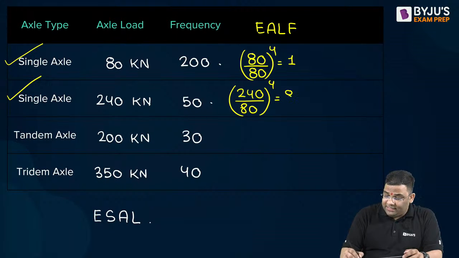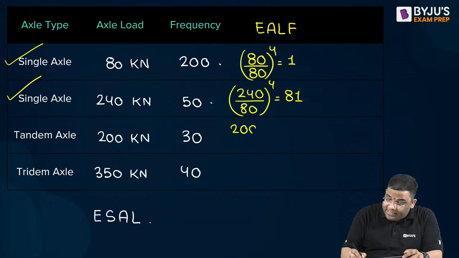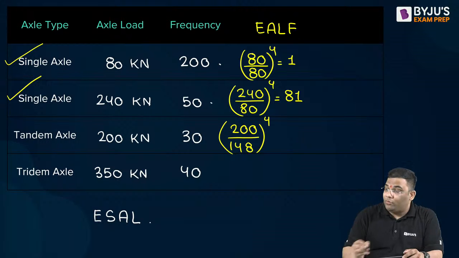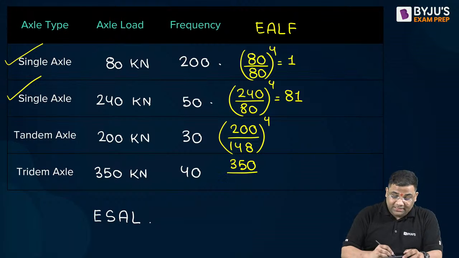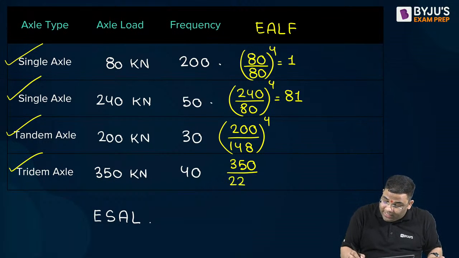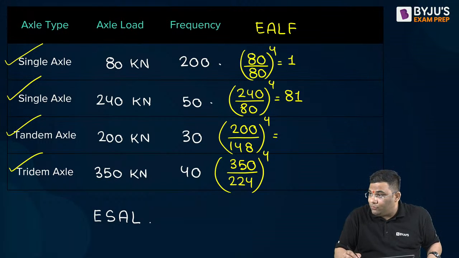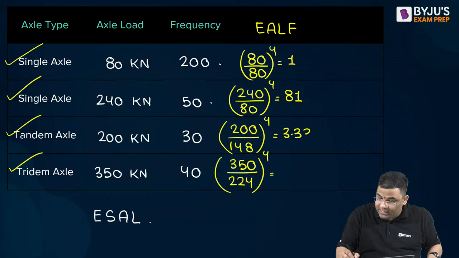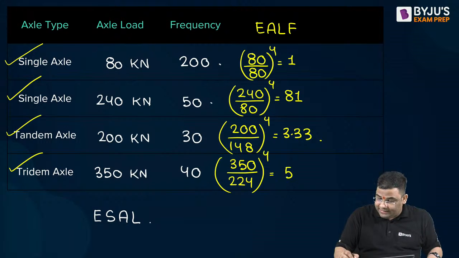Next one is 200 divided by 148 to the power 4, since this was tandem. The last one, 350, is tridem, so divided by 224. Give me the values. The third one you're getting 3.33, and the last one 5.96. Very good.